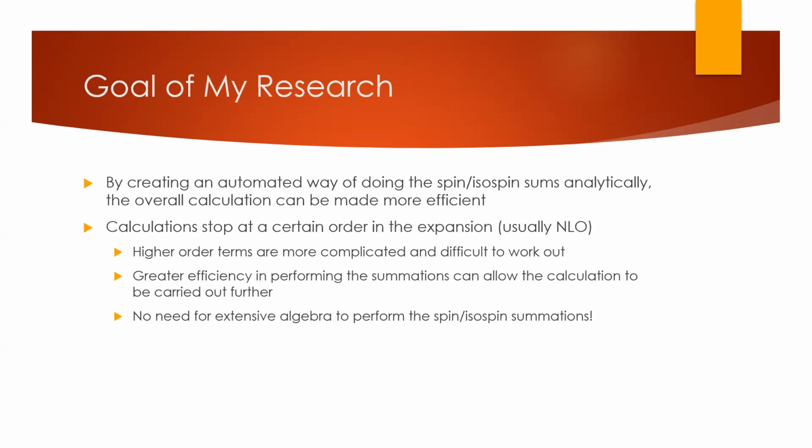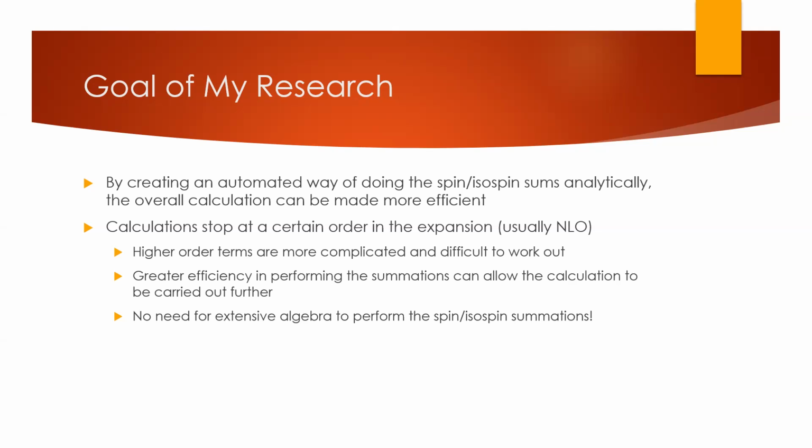So the goal of my research is to create an automatic way of performing these spin and isospin sums analytically so that they can be compiled and reviewed beforehand and then passed to various numerical integration techniques.